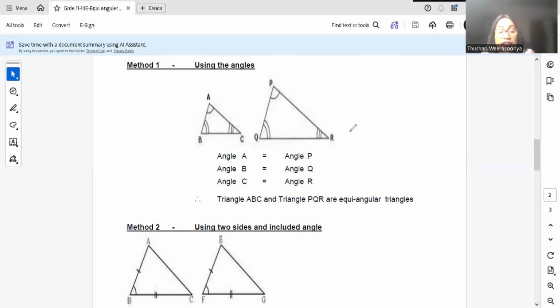If there are 2 triangles and the 3 angles are equal to the angles of the other triangle, you can say these are equiangular triangles. First method is very easy. The second one: sometimes you are given 2 triangles.